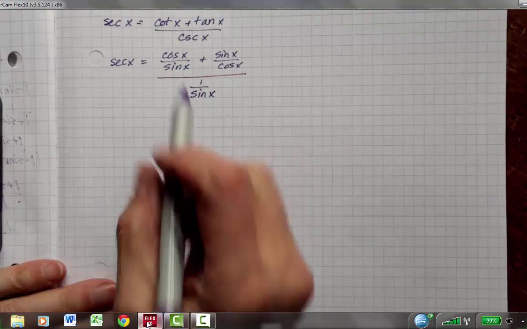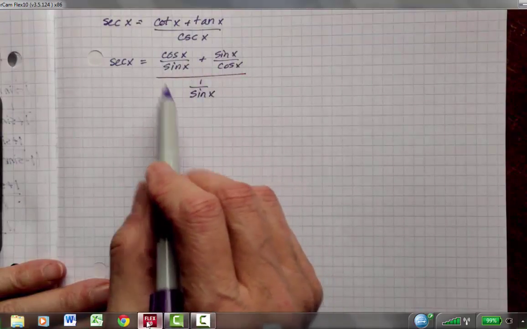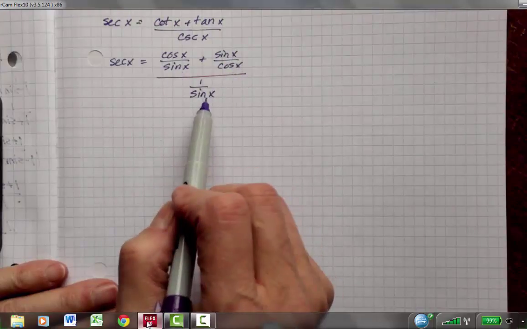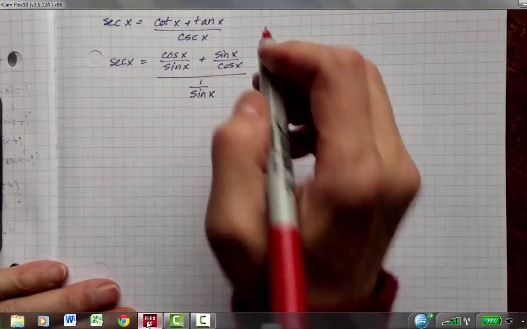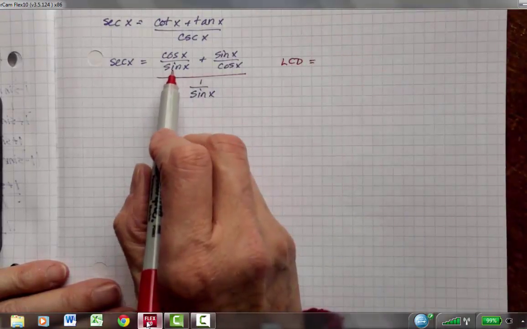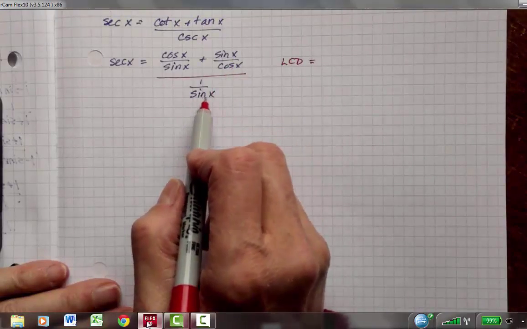Then I'm going to try to simplify this complex fraction. So looking at this complex fraction here, I'm going to look at all my denominators and figure out what the LCD is for the entire complex fraction. So my LCD is going to be sine times cosine and in the denominator I have sine again to the first degree.